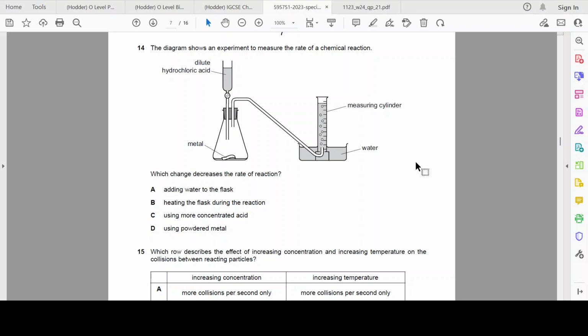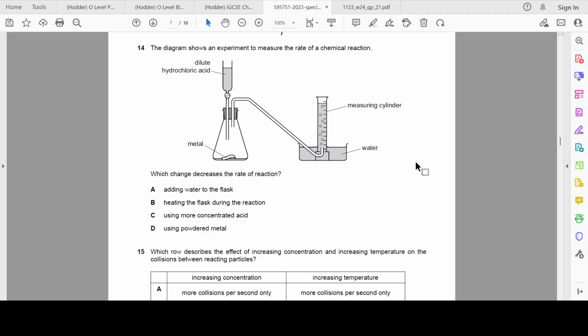So there are fewer acid molecules in the volume, more spaced out, and the reaction will slow because fewer acid molecules are reacting with the metal in that volume. It will take more time, and so the rate will decrease. It will happen, but it will just slow down.